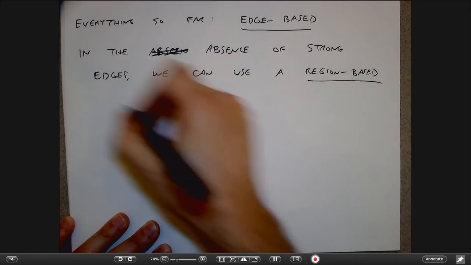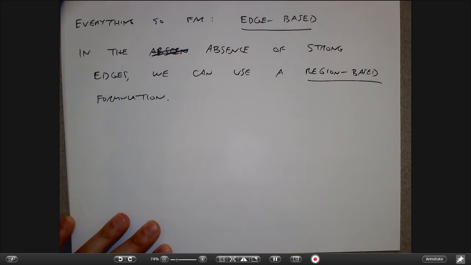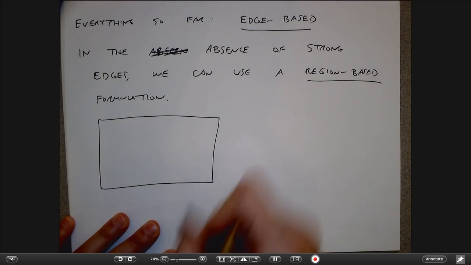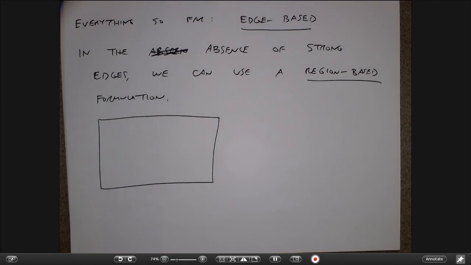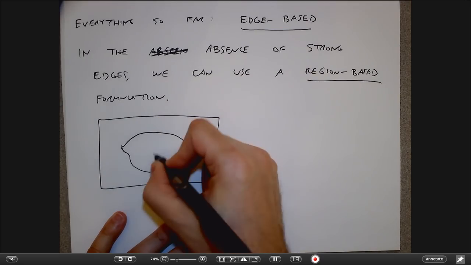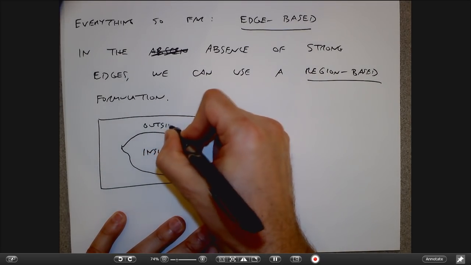And actually, this will even work when I have strong edges too. The idea here is that instead of trying to push the curve onto the edges of an object, I could just generally say that I want a curve that separates the image plane into an inside and an outside. And this is my curve, right?